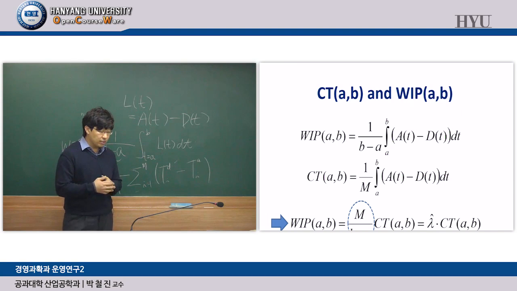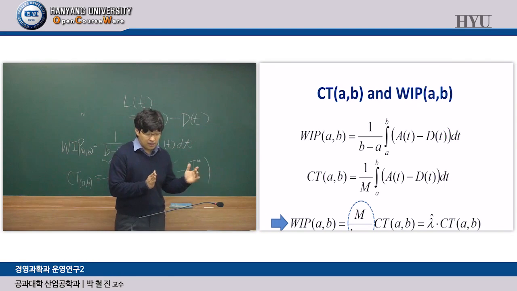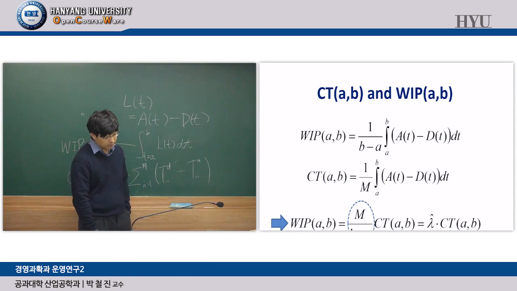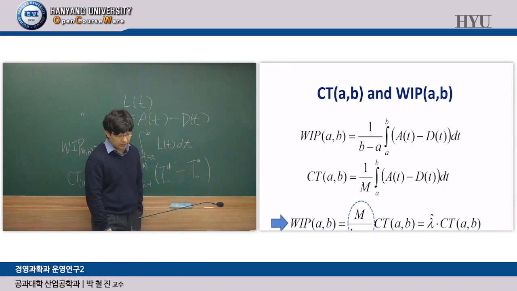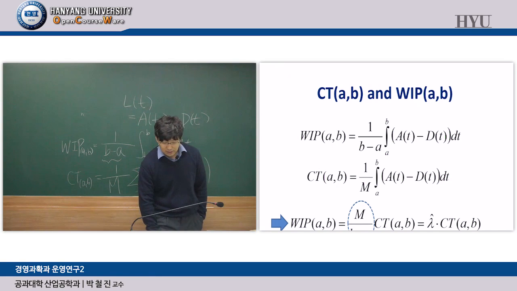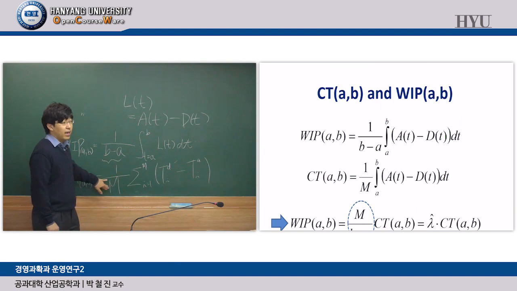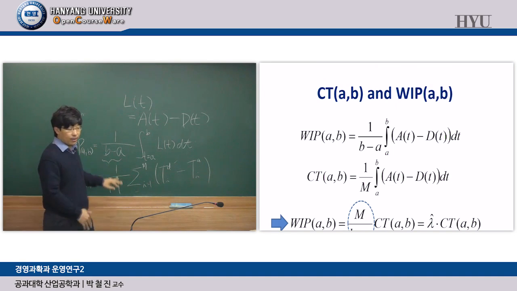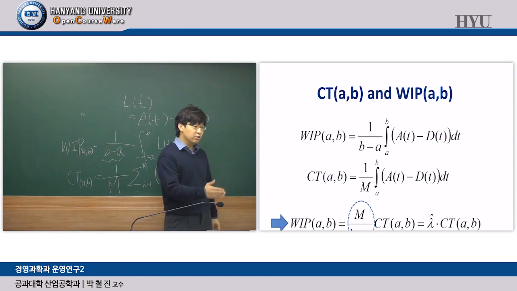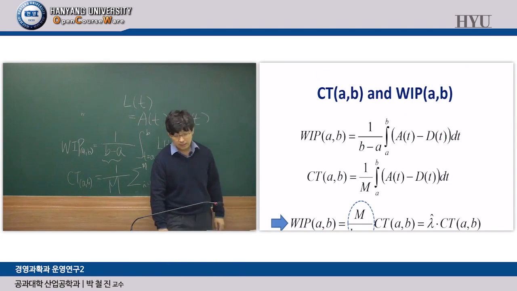But before we consider Little's law, based on finite time, we can also calculate throughput using a similar concept. So this WIP is actually M over B minus A times CT from A to B, where M represents the number of customers who got his or her services from A to B, and B minus A is the total amount of time. Then per unit amount of time, this is how many customers get his or her services.